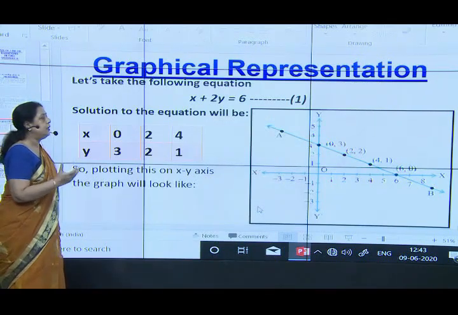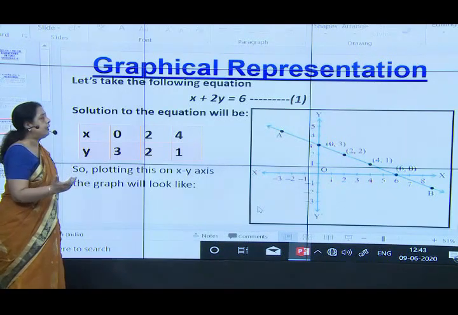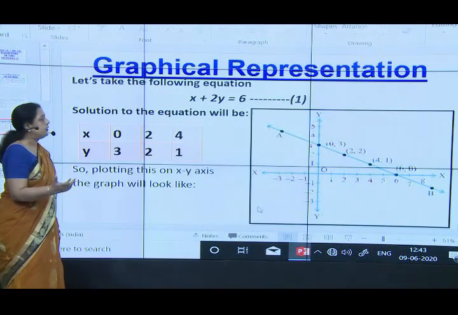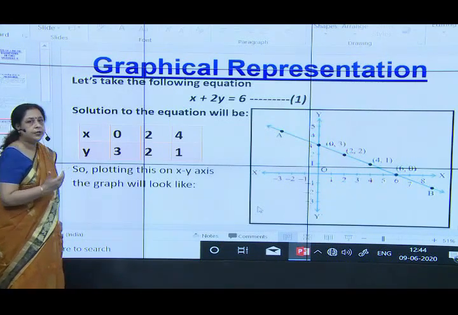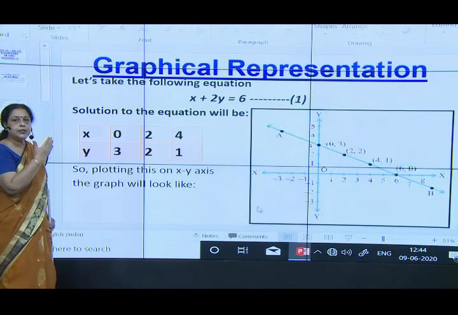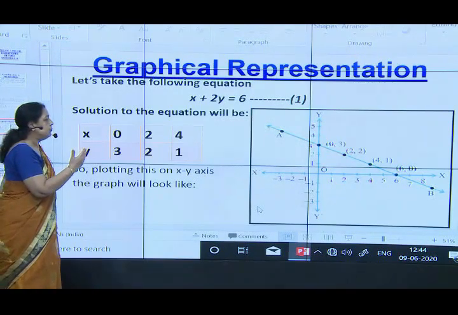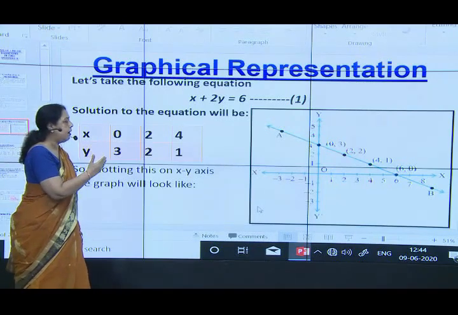How do we represent an equation graphically? For that, we have to find at least 3 solutions. Here, the solutions are (0, 3), (2, 2), and (4, 1).